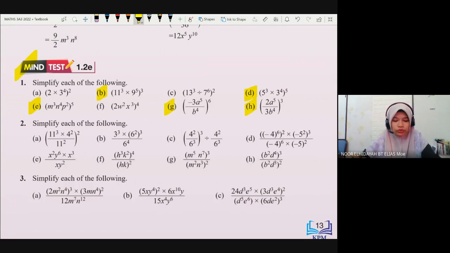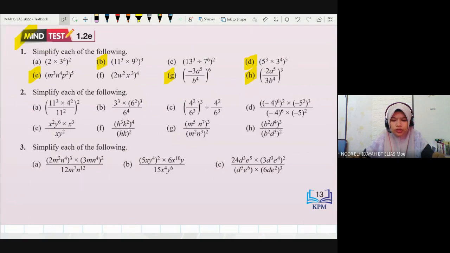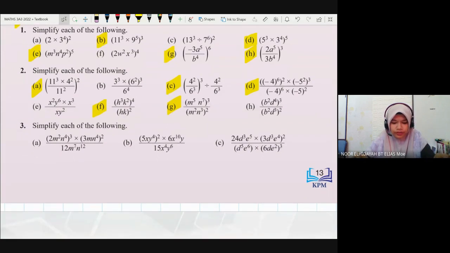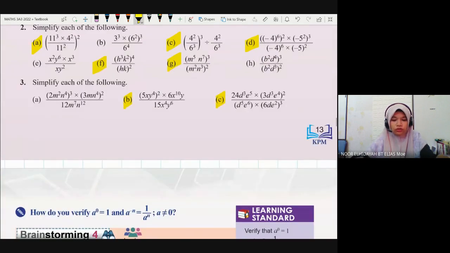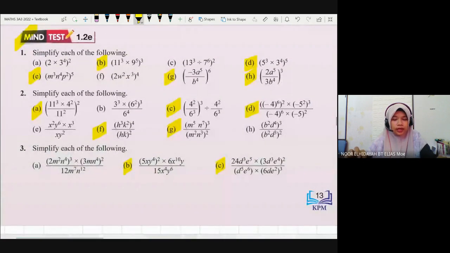For question number 2, you do question A, and then question C, question D, and question F, and question G. So that one for the question number 2. All right, for the question number 3, you do question B and C. Okay, so that's all untuk today's exercise.